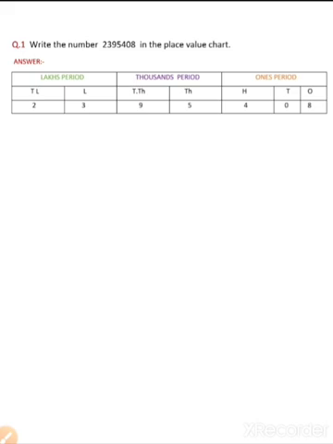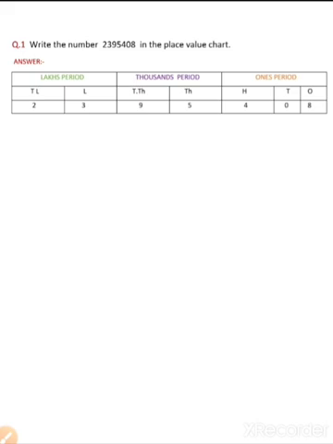Students, we have drawn the place value chart for it. In the place value chart, there are three periods: ones, thousands and lakhs. Now, ones period is divided into three columns: ones, tens and hundreds. Thousands period is divided into two columns: thousand and 10,000s.